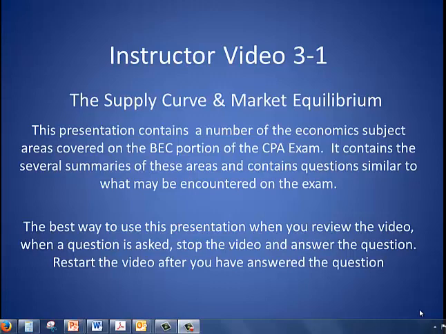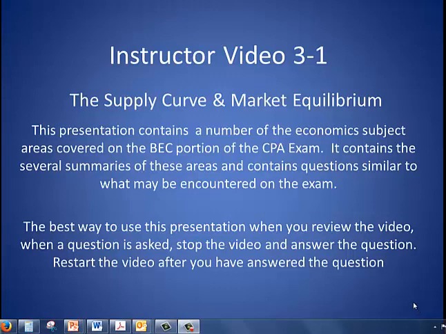Now, the best way to use this presentation is when you review the video, when a question is asked, stop the video at that point and study and then answer the question. When you're ready, then restart the video after you've answered the question, and the video will talk about the correct answer and why the answer is incorrect, and in many cases why the other answers are incorrect.